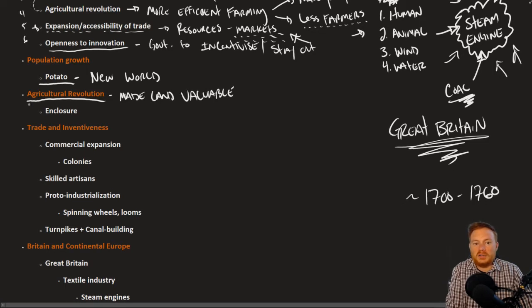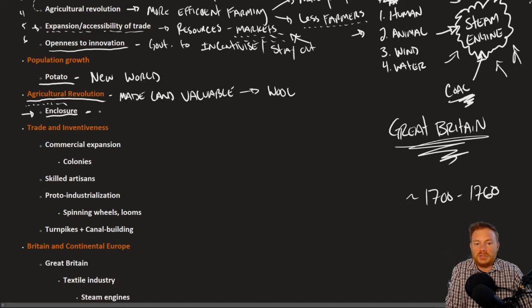And this wasn't necessarily in just what we might think of as agriculture, but this was also with England's wool industry. And so when land became more valuable, when farming became more efficient, it required fewer workers to support a population, but in fact could take up more land. This was the process of enclosure.